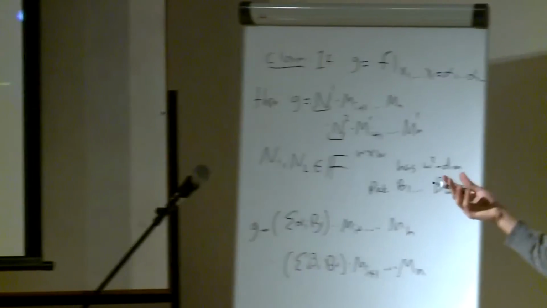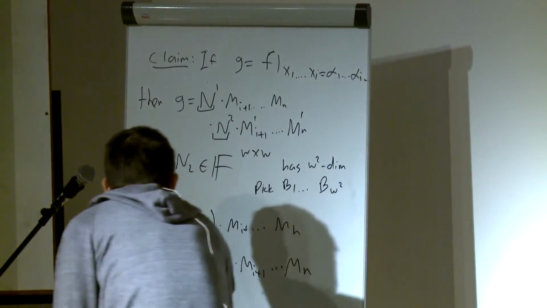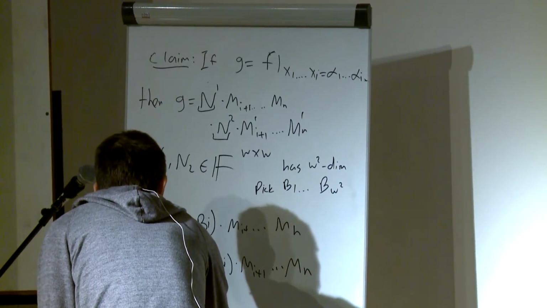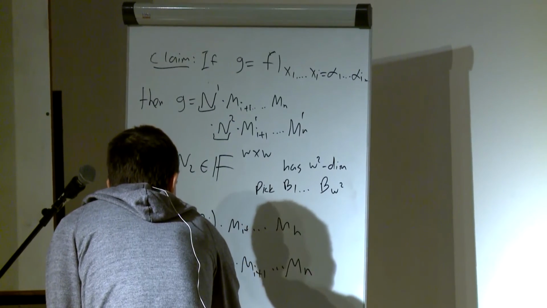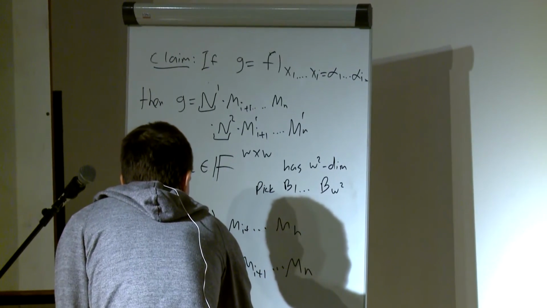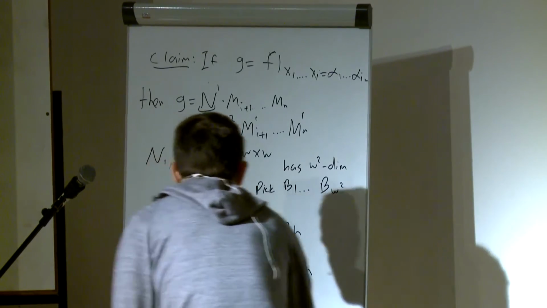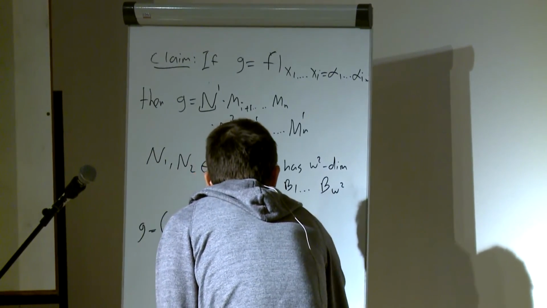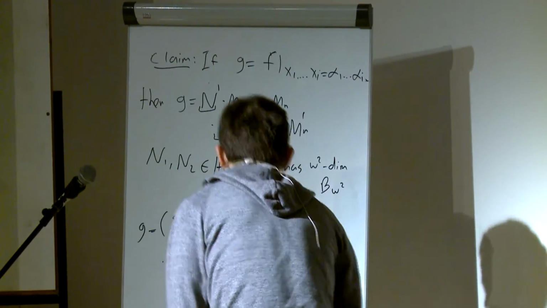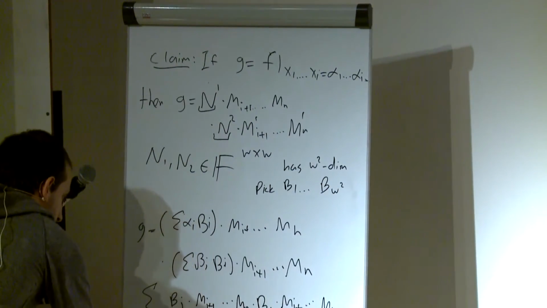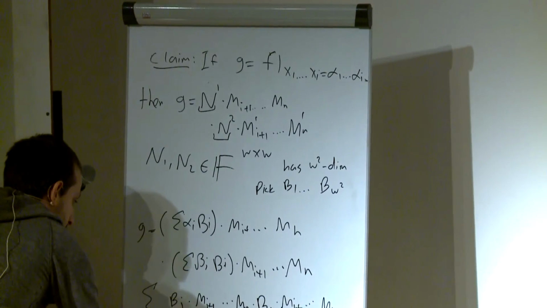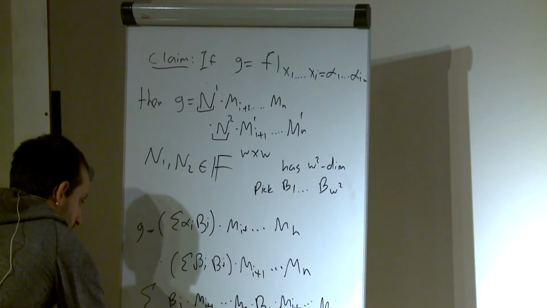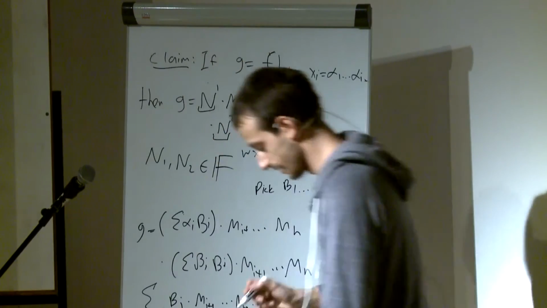So what you get is a sum of things of the form beta j, m1 through mn times beta k, bk, I'm sorry, summed over j and k in W squared.